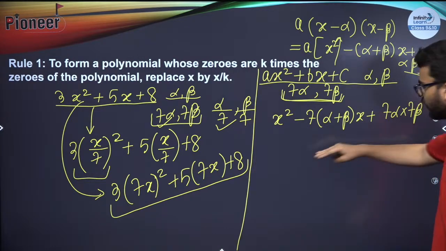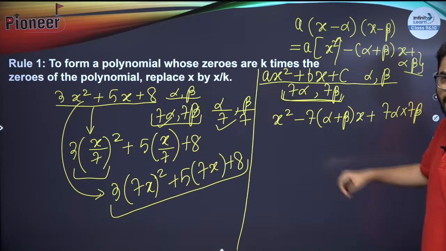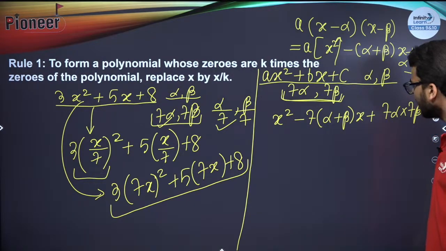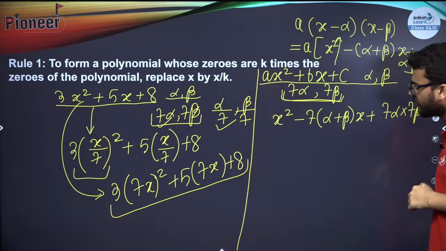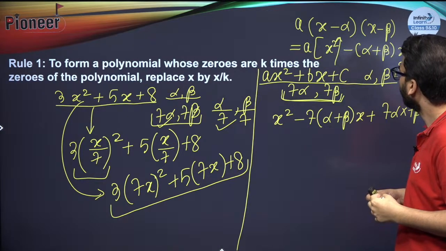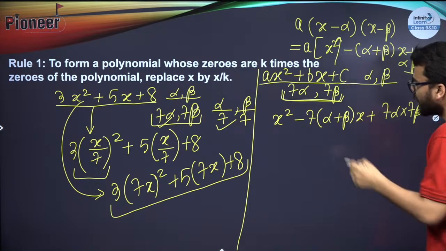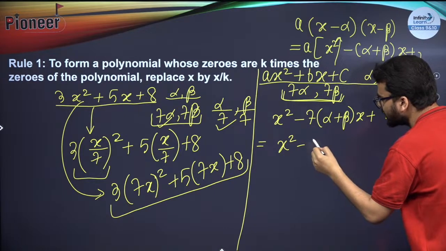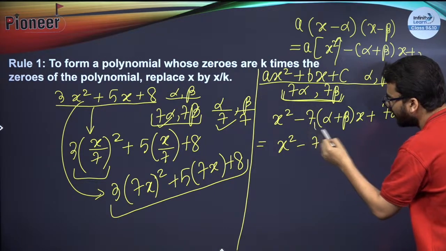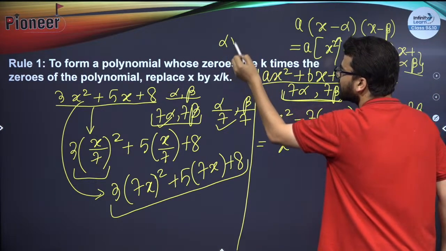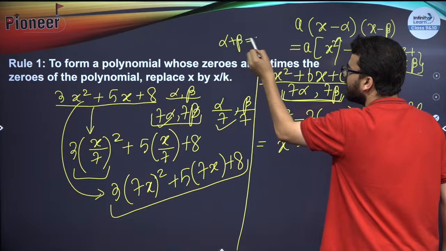So what I can do over here, guys, in this polynomial? Tell me. So this polynomial can be written, wait. Okay, so in place of alpha plus beta, basically, wait, this is minus 7. In place of alpha plus beta, you have studied this thing in the earlier sessions. Alpha plus beta is nothing but minus b by a or not?